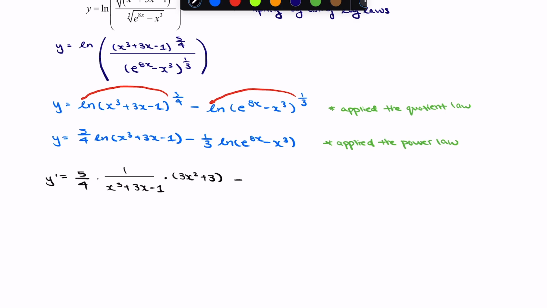Here we do the derivative of the second term. So 1 over 3 times 1 over everything in the brackets, e to the power of 8x minus x to the power 3, and the derivative of the inside, which will be e to the power of 8x times 8, minus the derivative of x cubed, which is 3x squared.